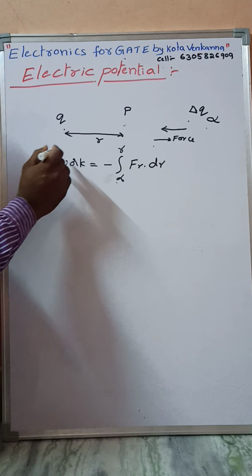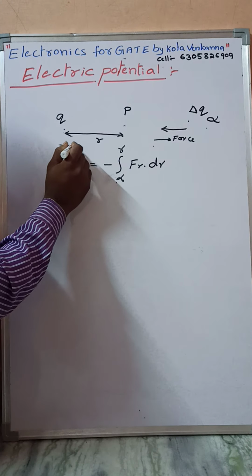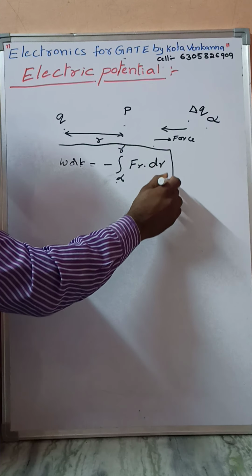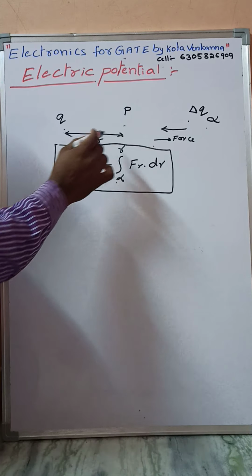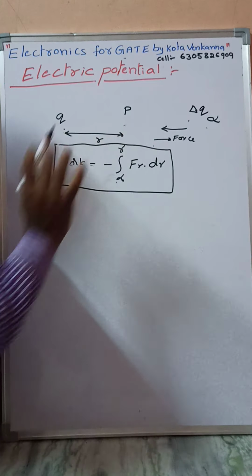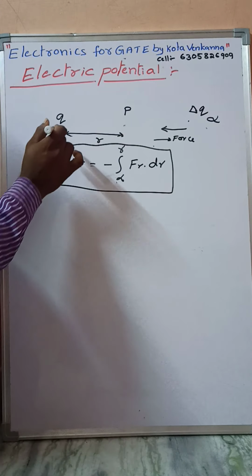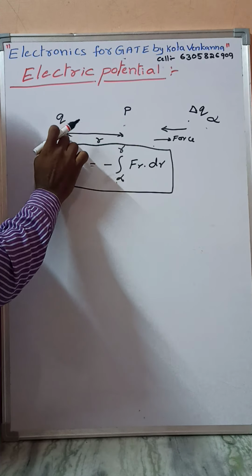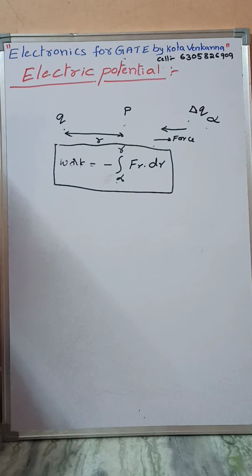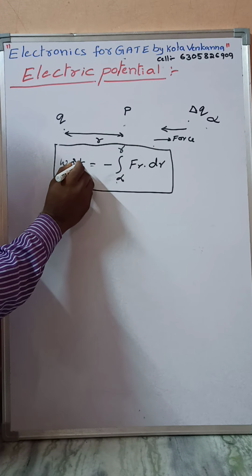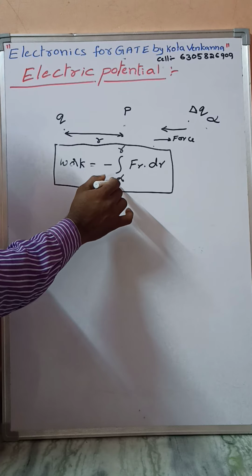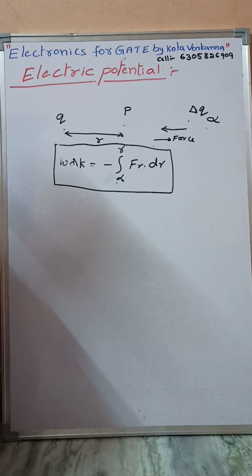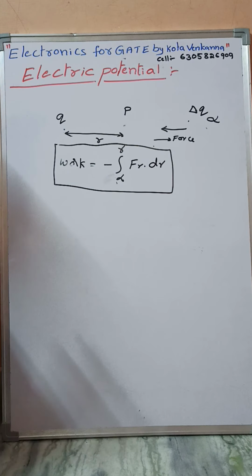So this is the work done on the system when the test charge is moved to the point P from infinity towards the charge Q. That work is equal to minus the integration from infinity to r of F(r) dr. And what is F(r)?